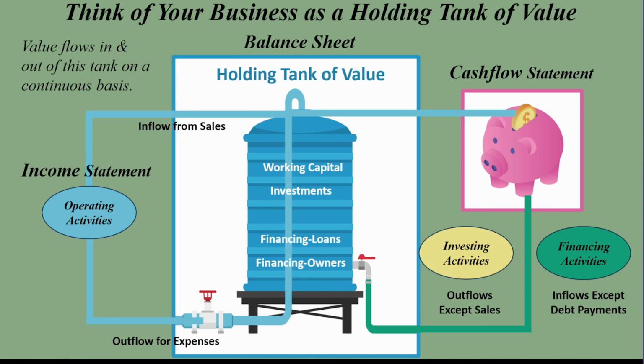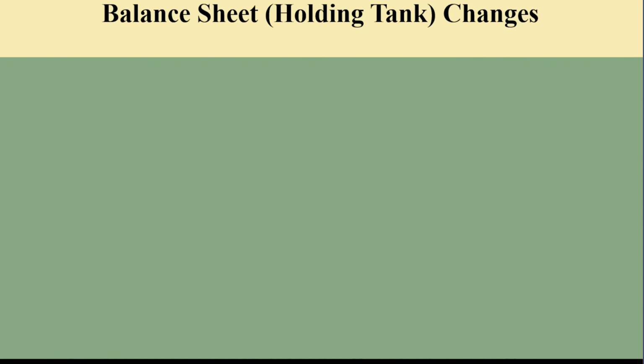All of this information flows through the cash flow statement. And now we are ready to talk about component 2. And that's the balance sheet, a holding tank of value.